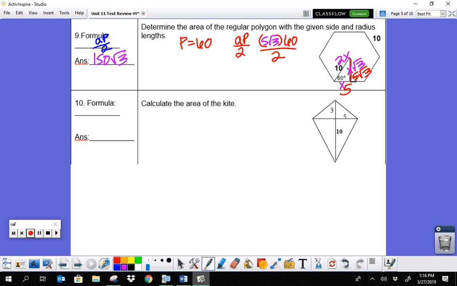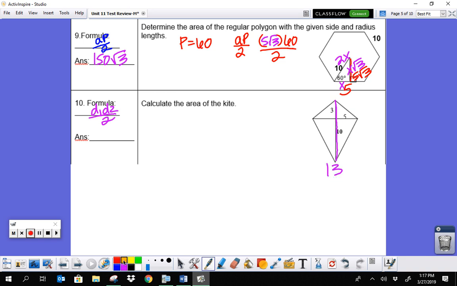Number 10, calculate the area of the kite. So I'm going to look over here, and well, first I'm going to write the formula. So the formula for area of a kite is going to be d1 times d2 over 2. So I can see over here, I already know one diagonal, 3 plus 10, and that's 13.